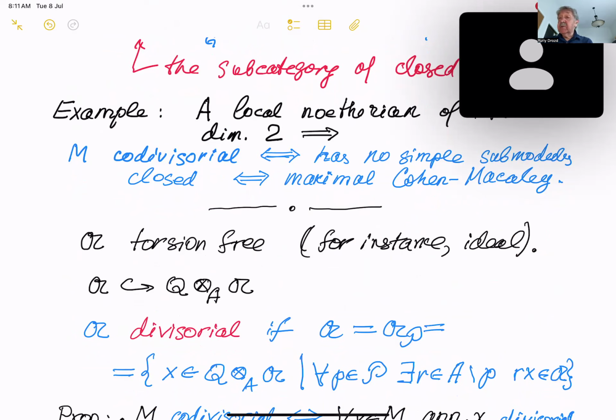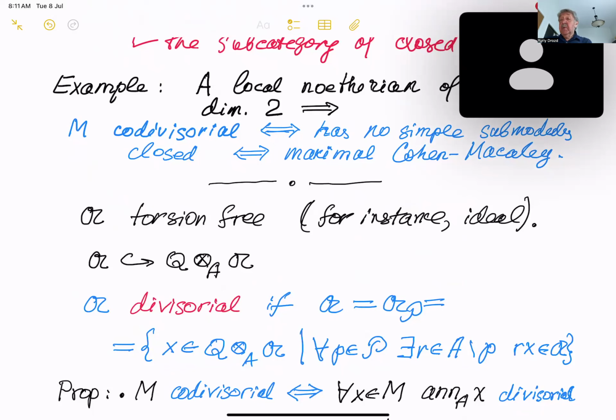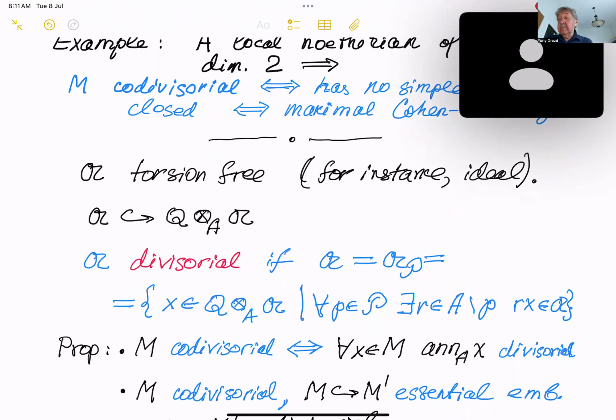And I call A divisorial if it coincides with the submodel A_P of this envelope, which means that if an element x from this rational envelope is such that for any P there is an element R not from P such that Rx is in A, then x is in A. Why will I call it divisorial?